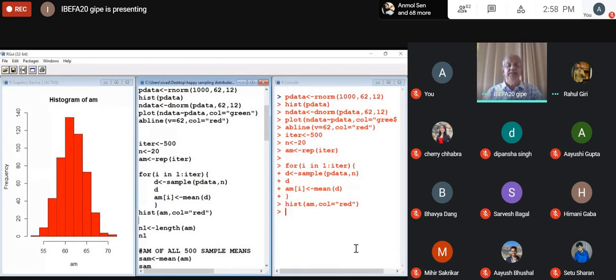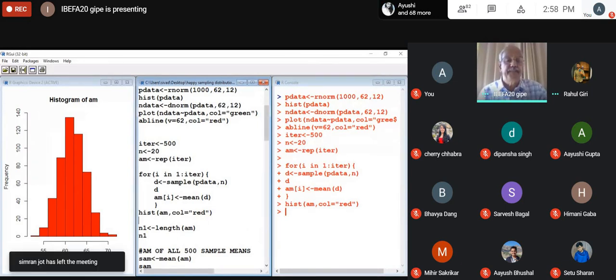Then compute the arithmetic mean. Repeat it 500 times and plot a histogram. So the histogram consists of 500 arithmetic means.